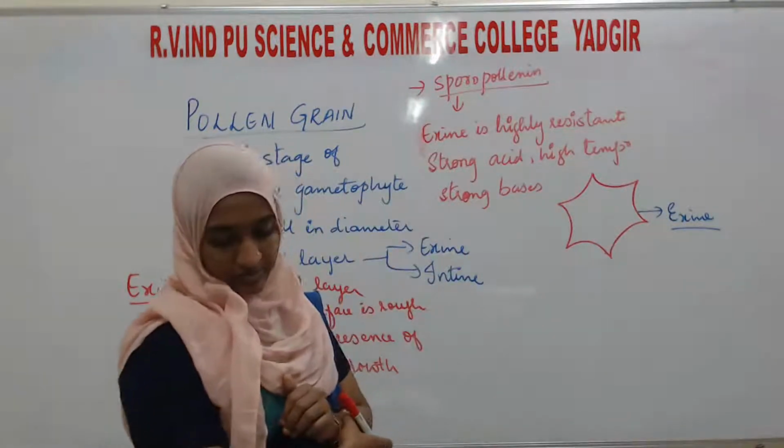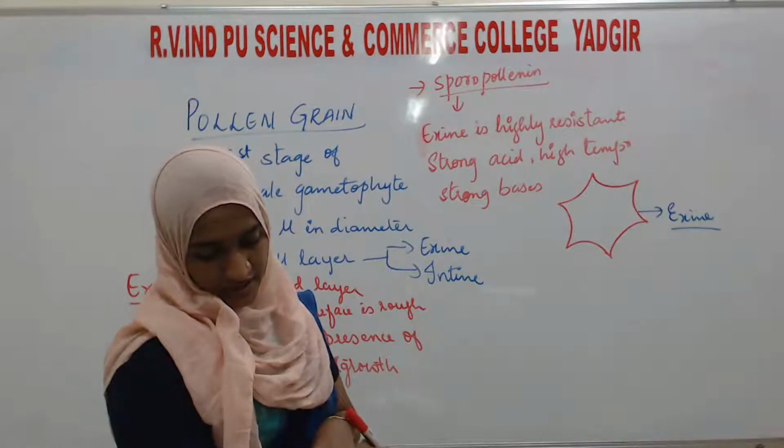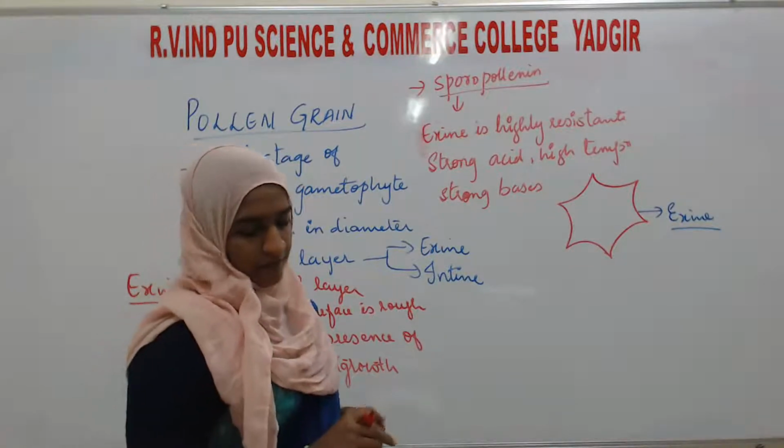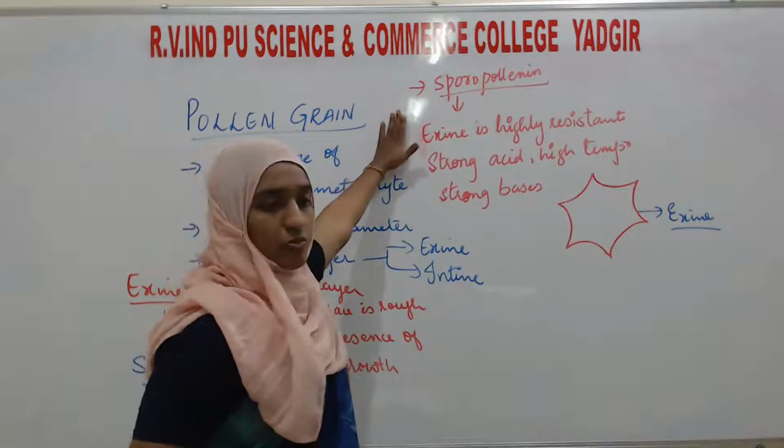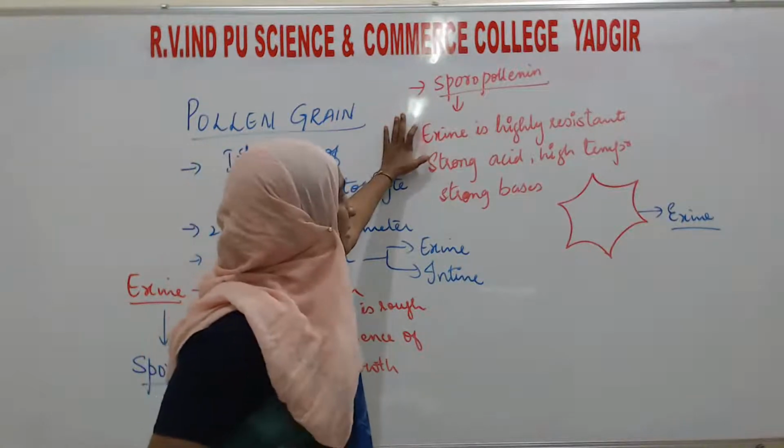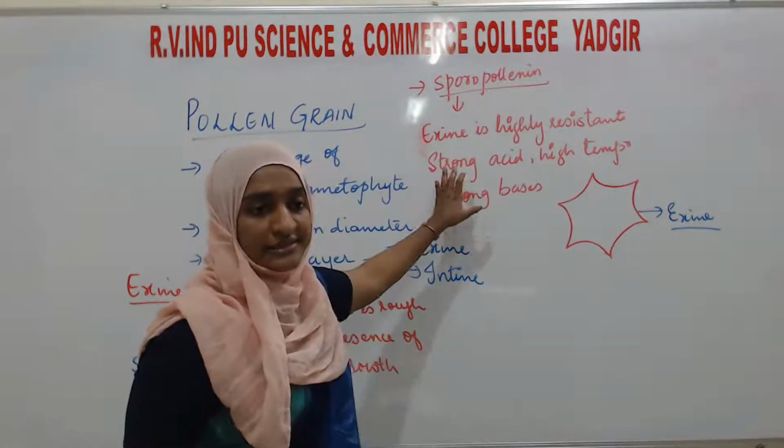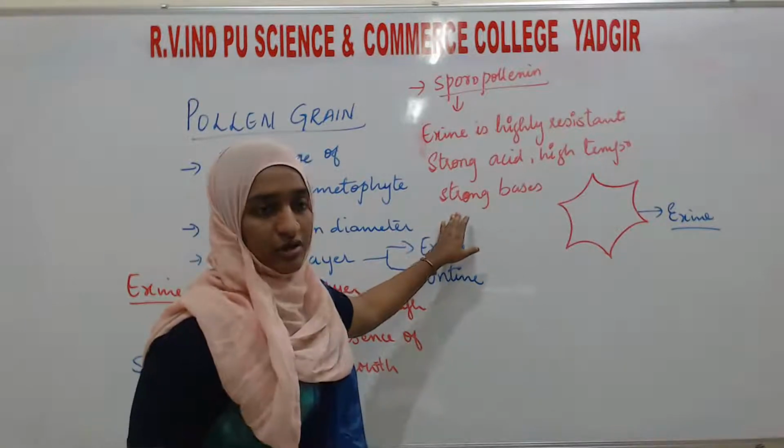Due to the presence of this sporopollenin, the exine layer is highly resistant to what? Strong acids, high temperature, and strong bases.